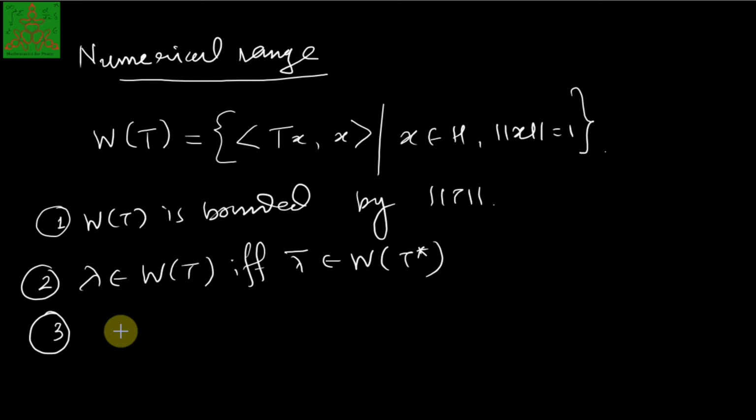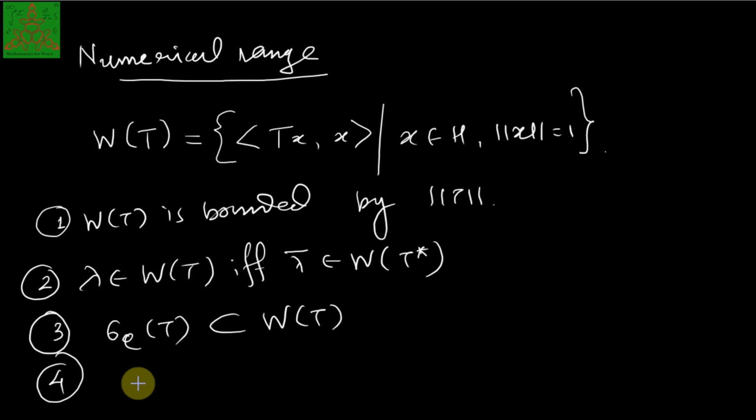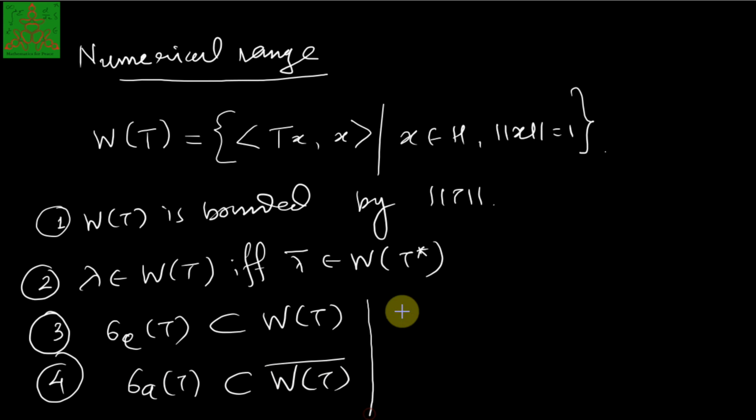Then we have discussed that the eigen spectrum is always a subset of the numerical range of T. The fourth result is that the approximate eigen spectrum is a subset of the closure of the numerical range of T. The next result is that the spectrum is also a subset of the closure of the numerical range of T.